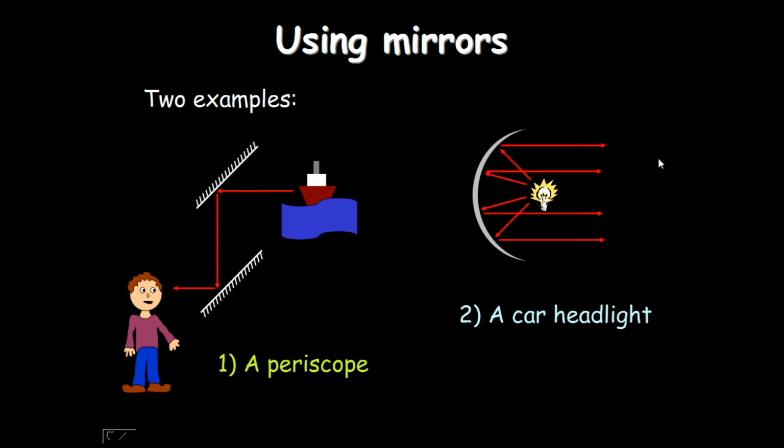As the rays are shown here, all these rays become parallel because the bulb is always placed at the focus of this concave mirror, and whenever rays coming from the focus strike the concave mirror, they become parallel and illuminate the roads.